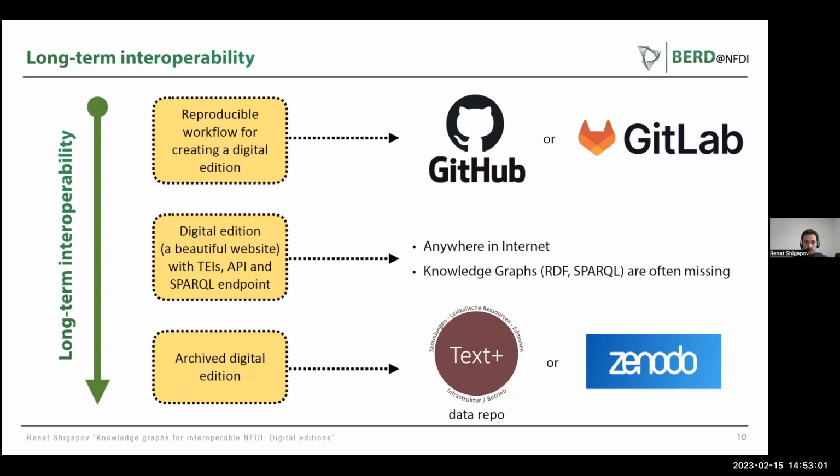Apart from that, the digital edition itself, with TEI files, with API, with SPARQL endpoint, if you create a knowledge graph, can be stored anywhere on the internet. And if we talk about archiving the digital edition, it would be great to have a kind of Text Plus data repository for long-term archiving, where you can store your archived digital edition. Or you can store it, of course, at Zenodo.